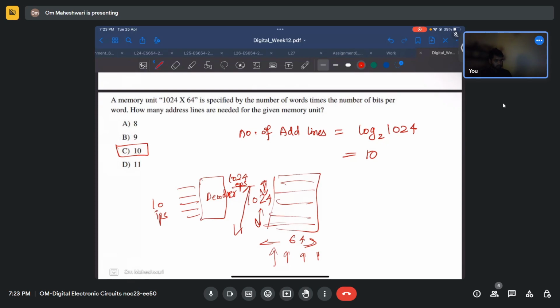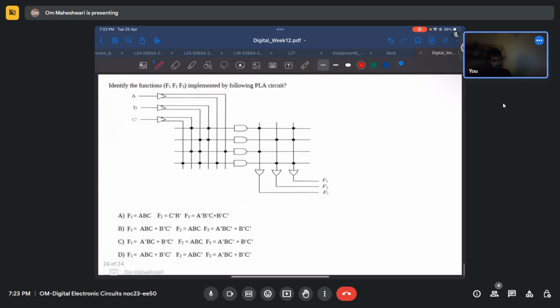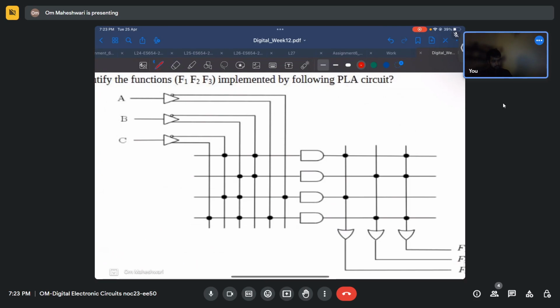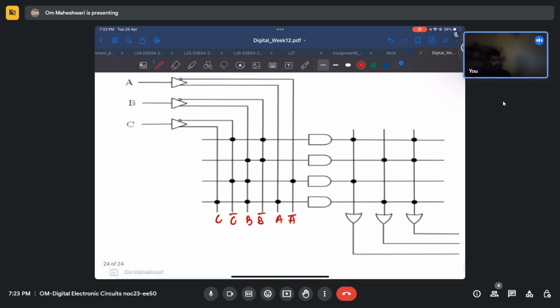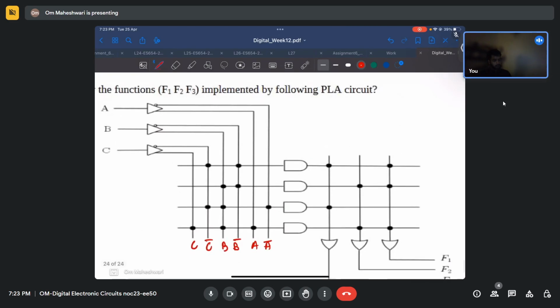Okay, so last question for today then. This is C bar, B bar, A bar. This kind of question we have already solved earlier. This PLA, just call it 1, 2, 3, 4. In the AND 1 we have this and this, so it's B bar C bar.